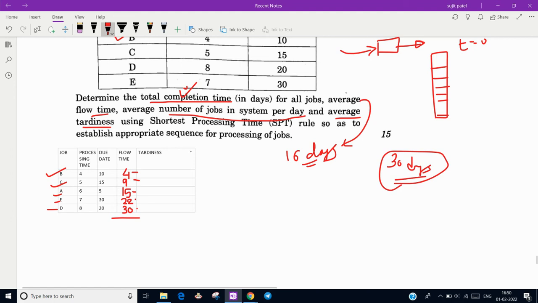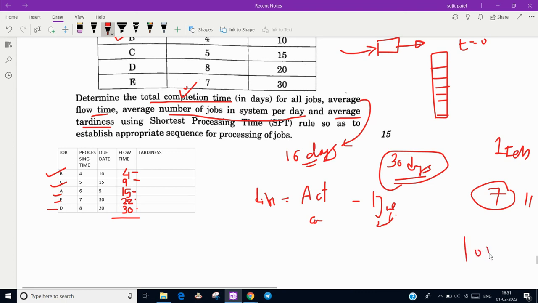Then average tardiness. What is tardiness? Tardiness is the difference between the actual completion time minus the due date. Like, if today is the first of Feb, and you got a job that requires 7 days, that means on 7th Feb, and its due date is 10 Feb.